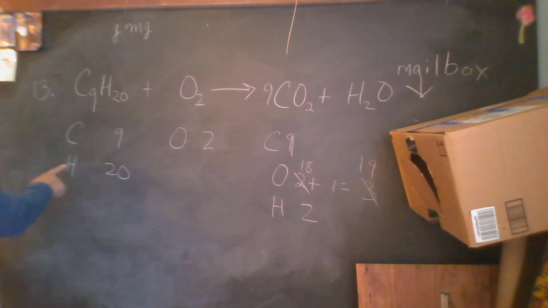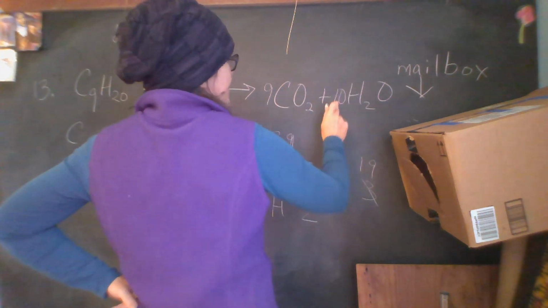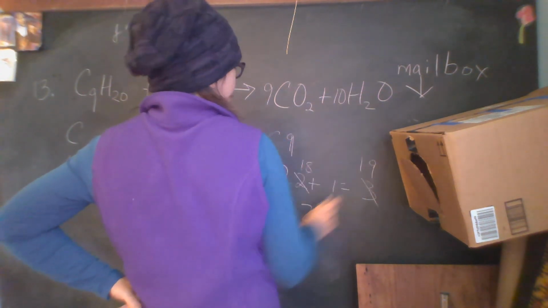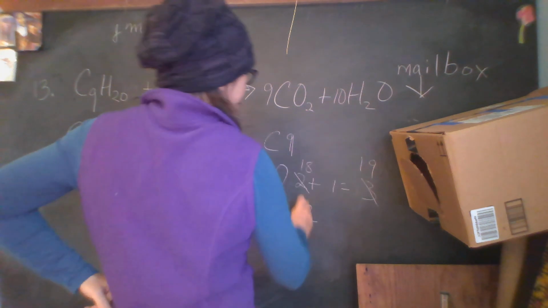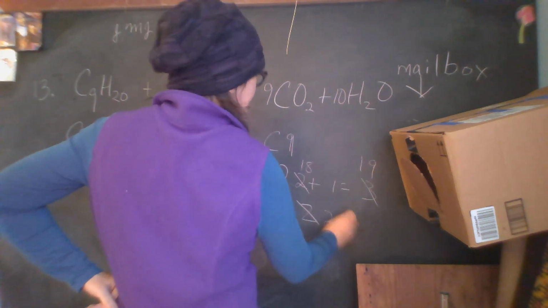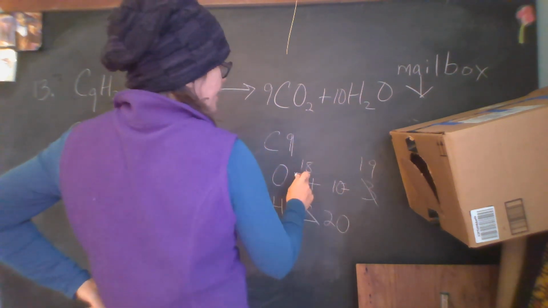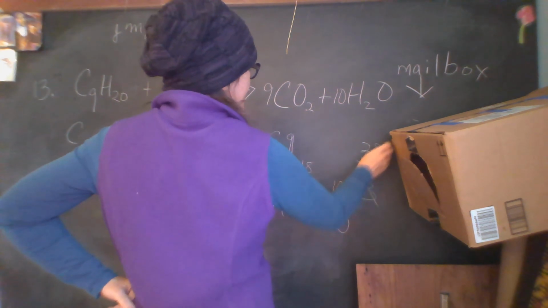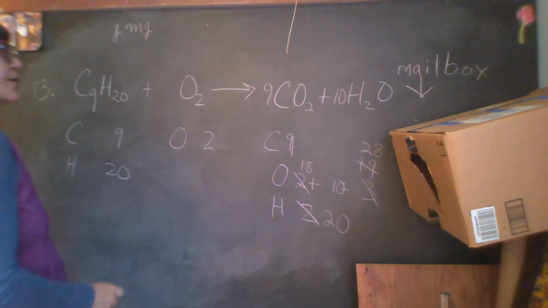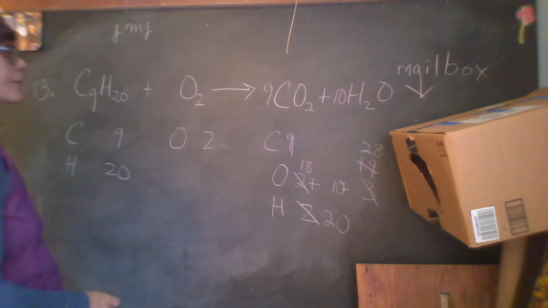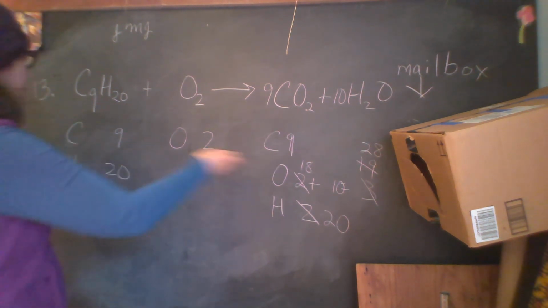How many will I need of these? This is 20 hydrogen. What if I make this 10? This is 10 H2O. Then I'll have 20 hydrogen. I'll have 10 oxygen here, and that will give me 28. Now we're getting somewhere, okay? So if I need 28 oxygen, that's easy.